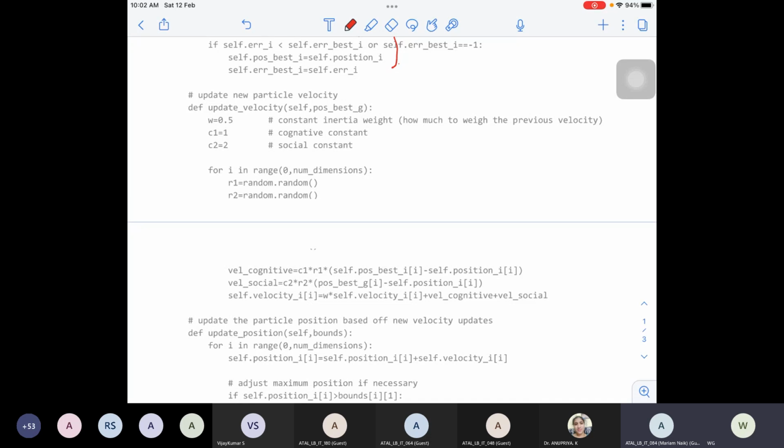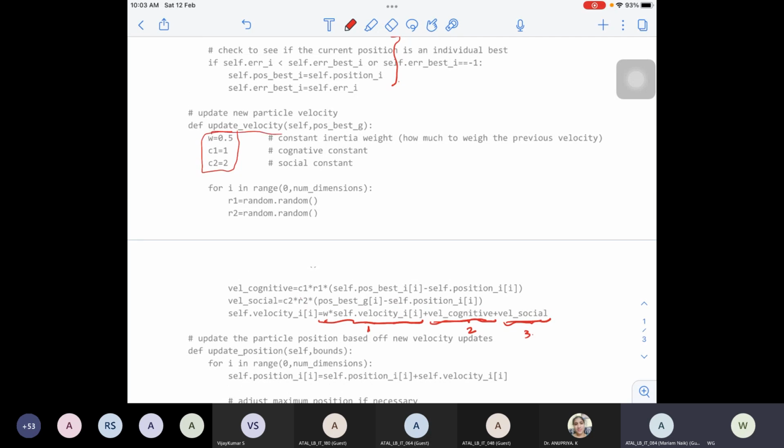It consists of w, the first term, which is the inertial term, then the cognitive term, and the social term, right? So using these constants, these are constant values, you compute these three values.